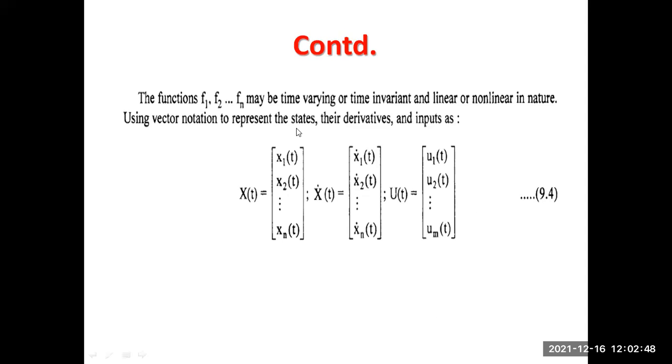So we know that x(t) is x1, x2 up to xn, x dot(t) is x1 dot, x2 dot up to xn dot, and u(t) is u1, u2 up to um. Let me explain this. For example, you have a set of state variables x1, x2, x3 up to, let us say, xn.